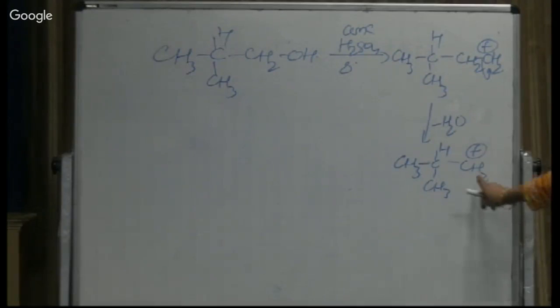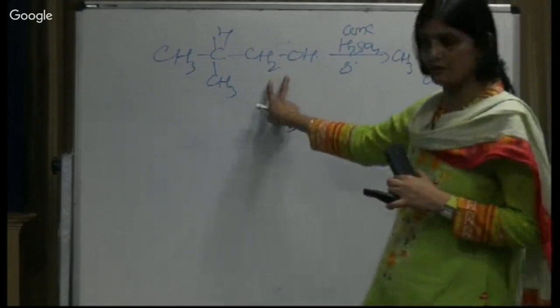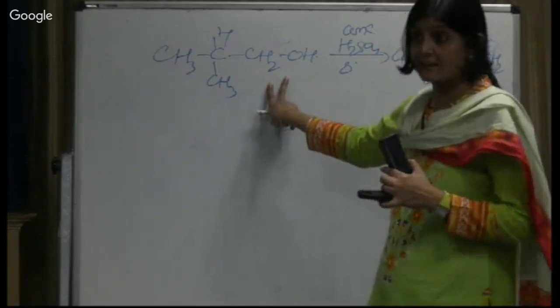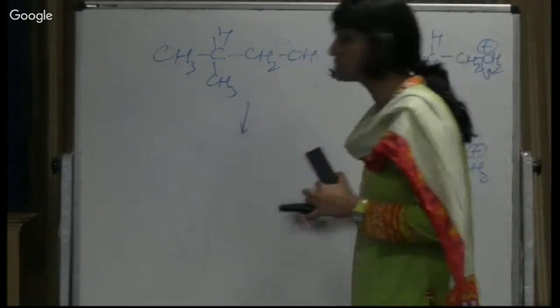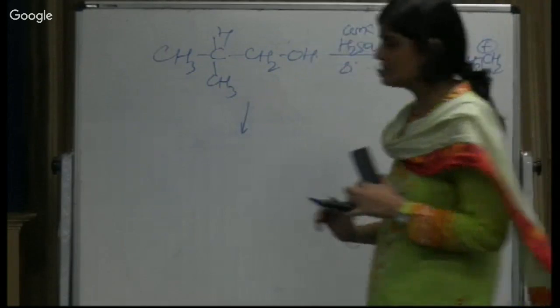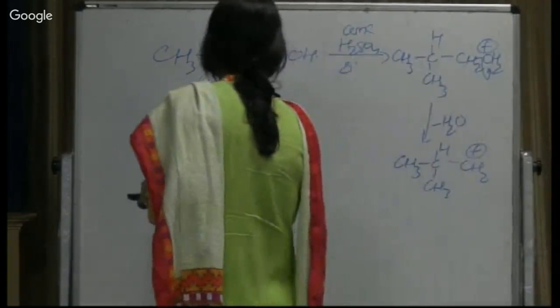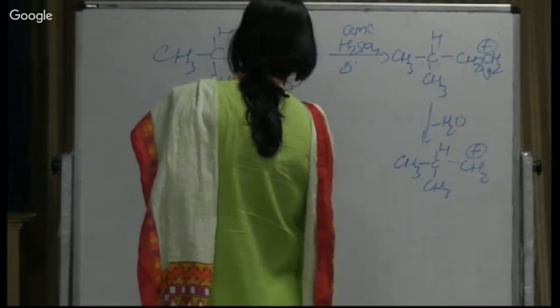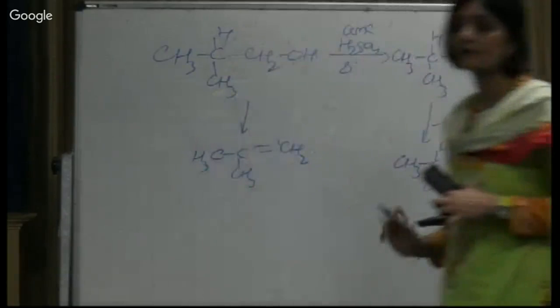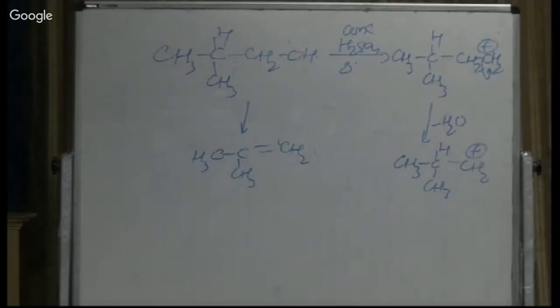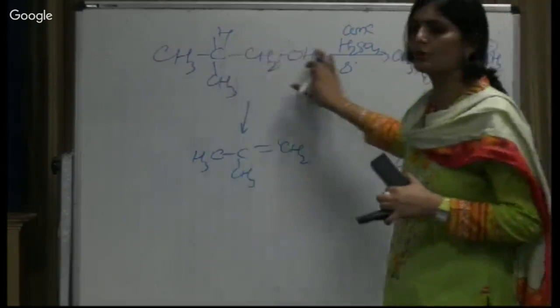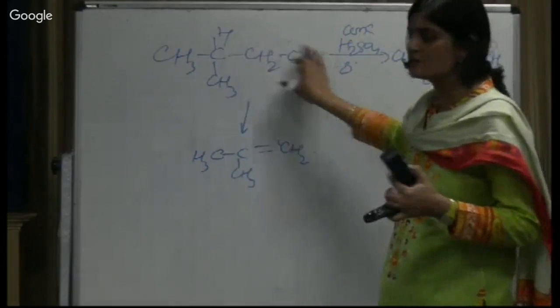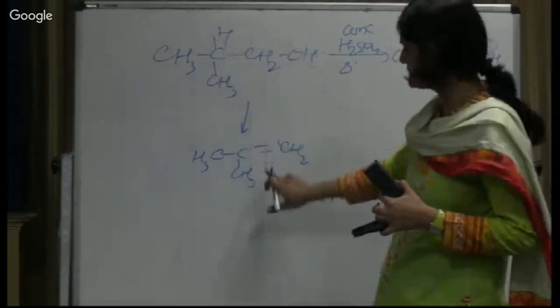Now this carbocation is a primary carbocation, not very stable. If you look at the starting material, and if I don't understand the concepts of carbocation chemistry, I will say the product will be this, because I am saying the hydrogen and the OH are to be lost from adjacent carbons. So this hydrogen and this OH will be lost, and this should be the product.